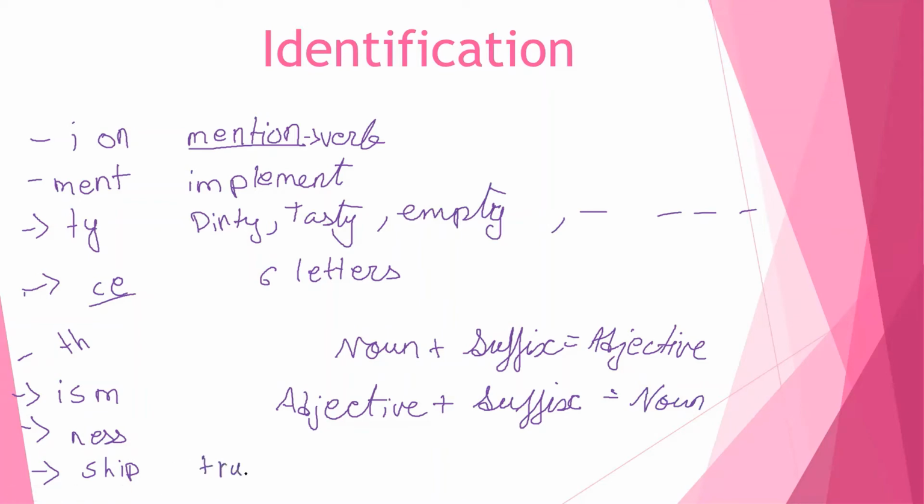Truth. This is not truth, true. This is an adjective. Now, true plus suffix th is equal to truth. And truth is a noun. Now, truth plus ful, it is a suffix. We get truthful. This is an adjective.